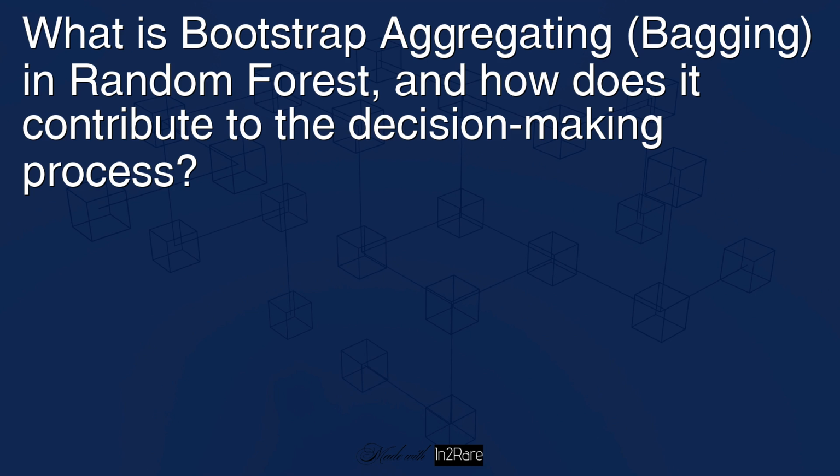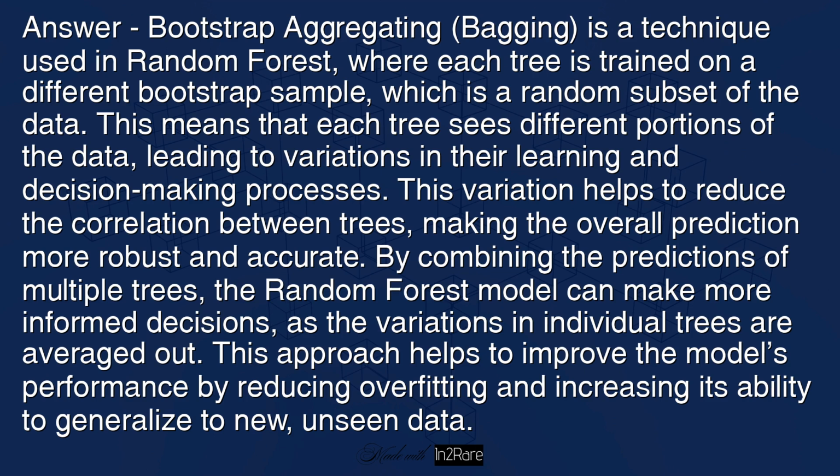What is bootstrap aggregating, or bagging, in random forest, and how does it contribute to the decision-making process? Answer: bootstrap aggregating, or bagging, is a technique used in random forest, where each tree is trained on a different bootstrap sample, which is a random subset of the data. This means that each tree sees different portions of the data, leading to variations in their learning and decision-making processes.